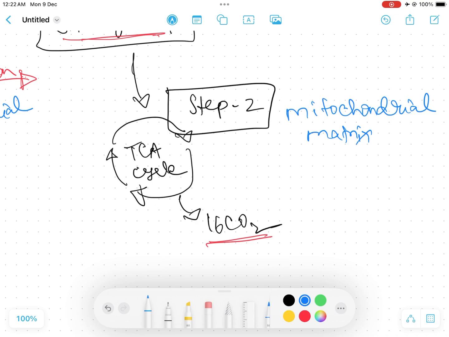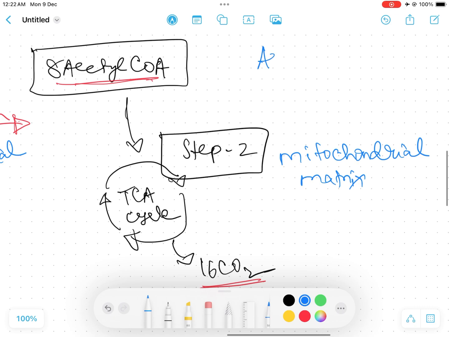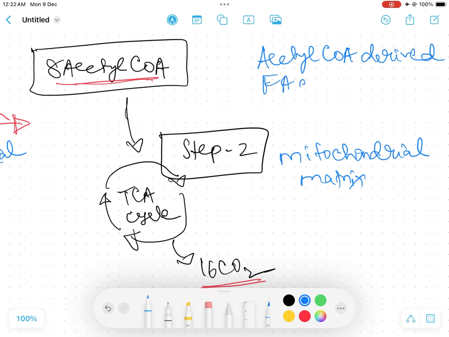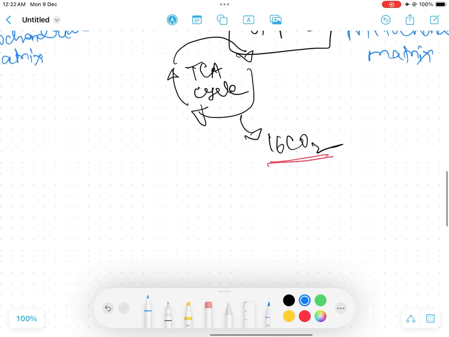The acetyl CoA derived from the fatty acid enters a common pathway of oxidation. So this is step 2.